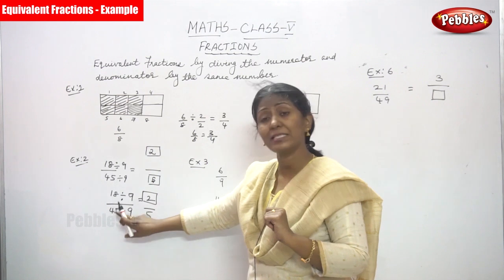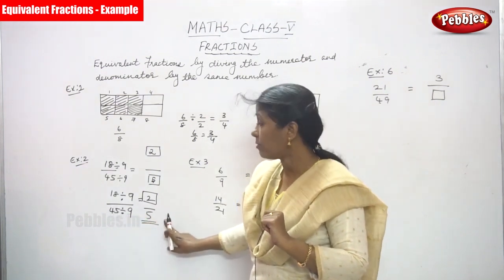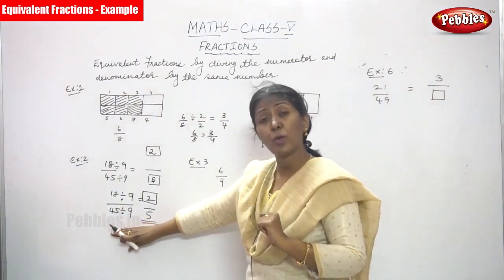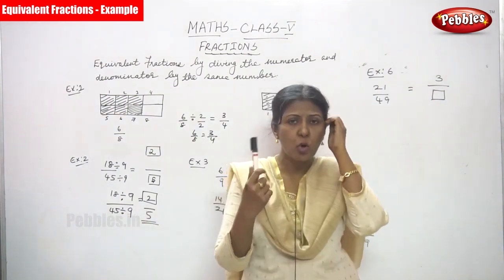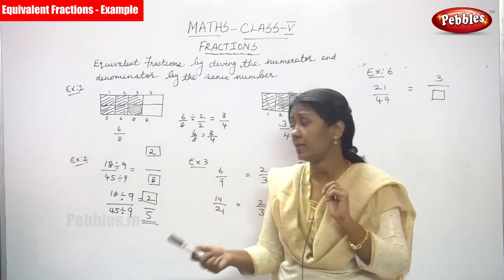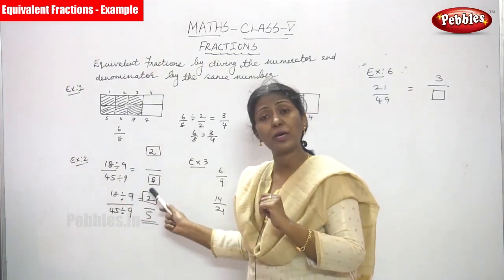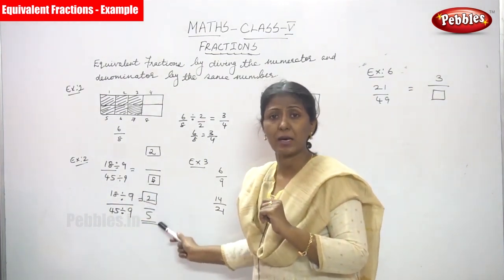So 45 is divided by 9, you can get 5. If the denominator is divided by 9, the numerator is also divided by 9. So 18 divided by 9, you can get 2. So 2 by 5 is the answer.